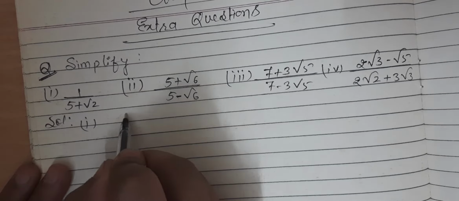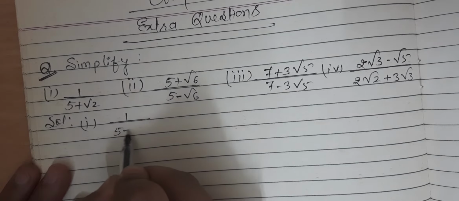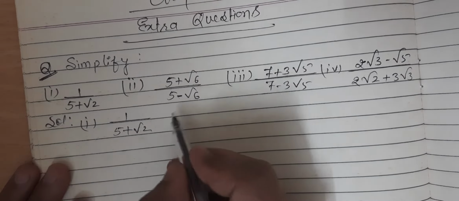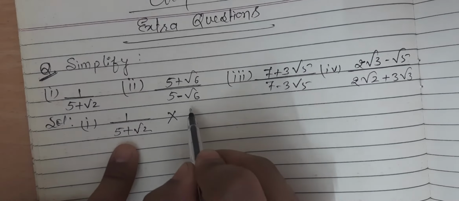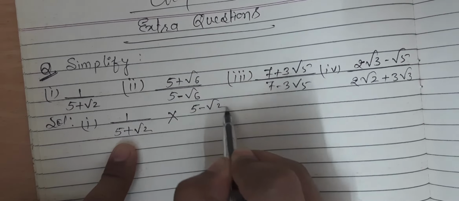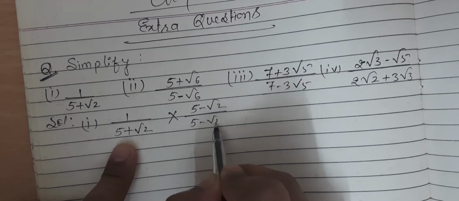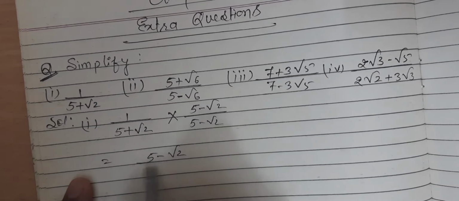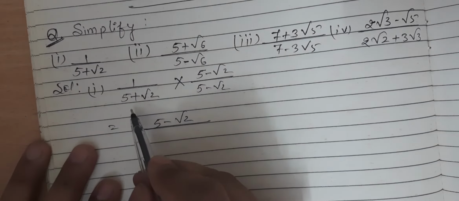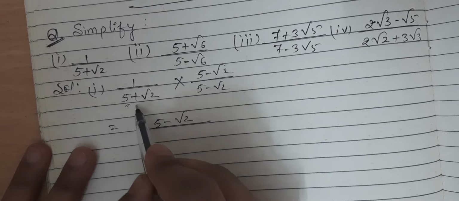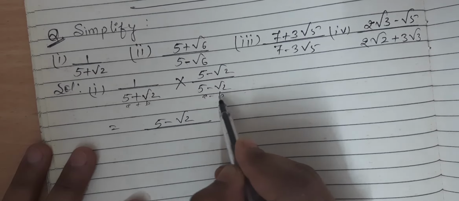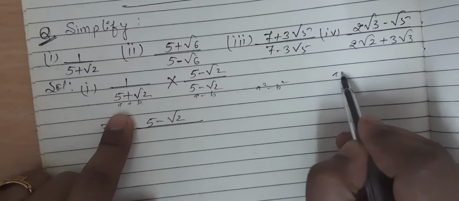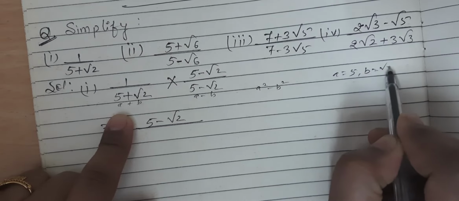So this is our first question, 1 by 5 plus root 2. How to simplify? We'll just rationalize the denominator, which means we'll multiply by 5 minus root 2 and divide by 5 minus root 2. Now numerator multiplied by numerator: 1 multiplied by any number is that number only. In the denominator we can use the identity (a plus b)(a minus b) equals a square minus b square, where a is 5 and b is root 2.